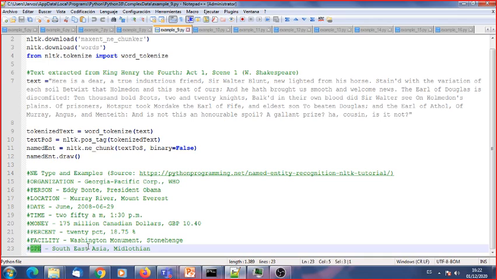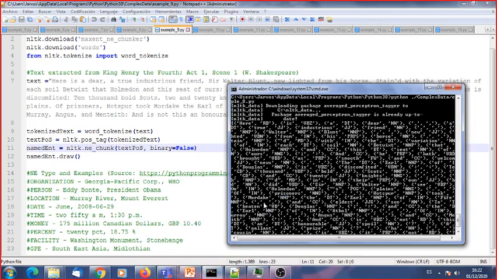As I said, you can train your own model in order to detect other entities. So here, please run this example and tell me what you are obtaining.